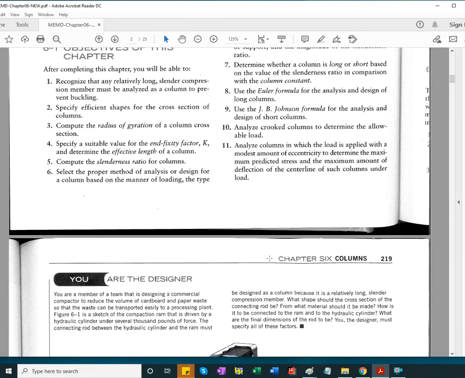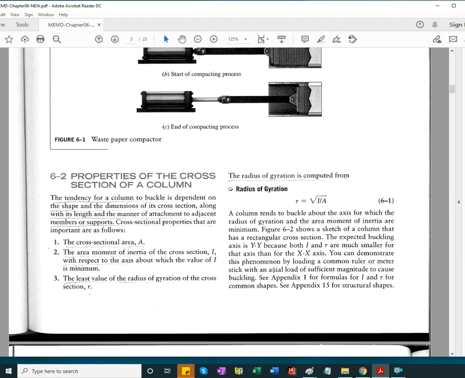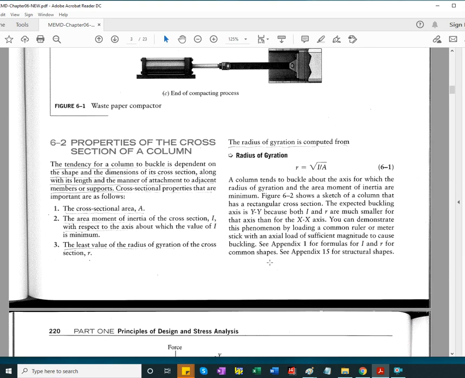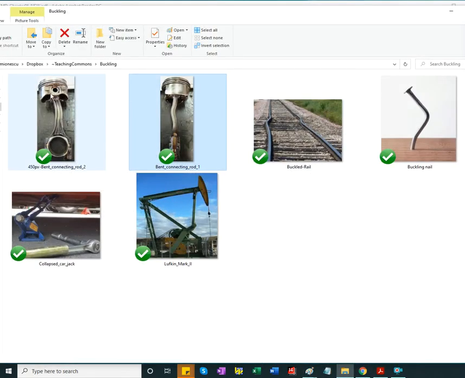All right, so when it comes to analyzing for buckling slender columns, that is columns or machine elements that are subject to compression and have a slender geometry, we can experience two instances, and we looked at some photographs, and I said all these are plastic deformation.